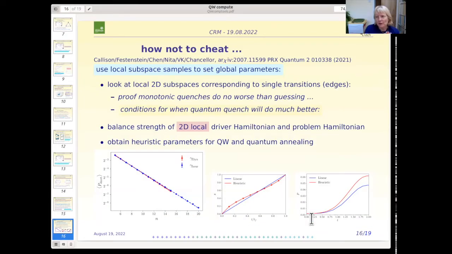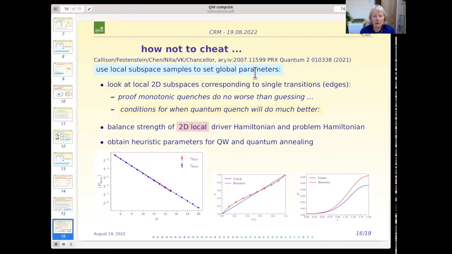We can use this so that we also have a way to set our global parameters for our quantum walk or for our quantum annealing. So this is how not to cheat. It's all in the same paper here that has the proofs. So we use these local subspace samples to set our global parameters. We can take an average over the different subspaces by balancing the driver and the problem Hamiltonian.